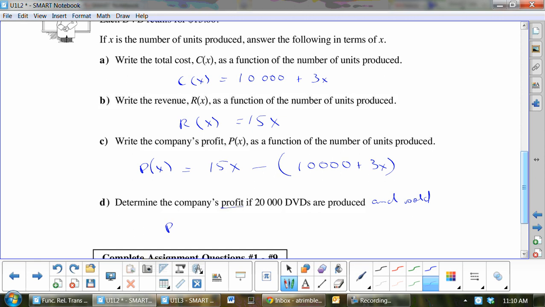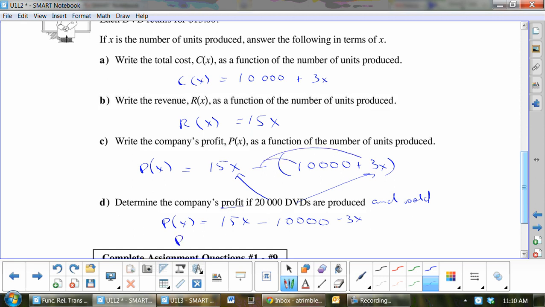Now, there's two ways we could do this. We could put 20,000 right into here, or we can make the profit equation, which is P of X equals 15X minus 10,000 plus 3, or minus 3X, right? I almost made my same mistake I'm always preaching never to do.